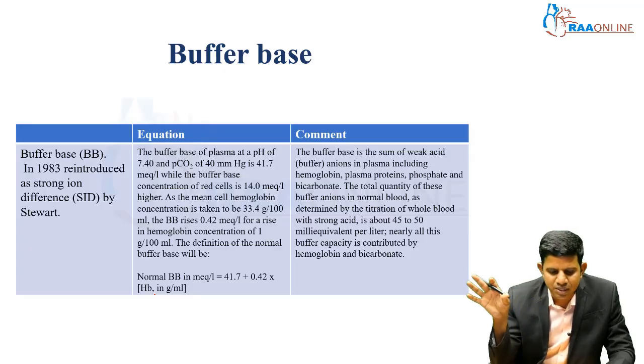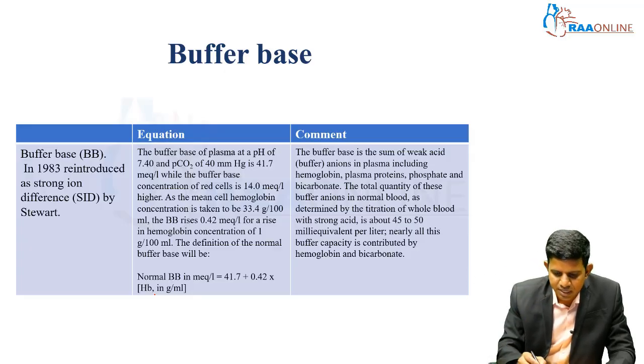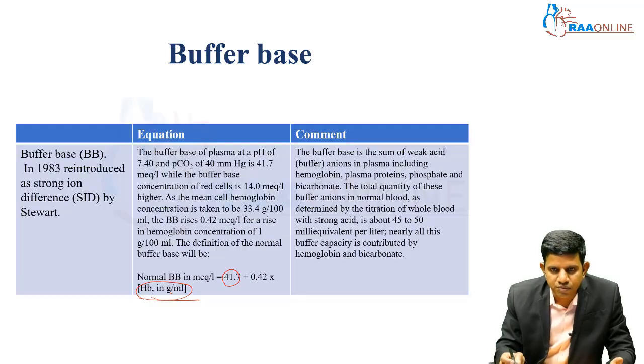So, there is a formula to calculate the buffer base, which we already discussed: the normal buffer base equals 41.7 plus 0.42 into our hemoglobin level. We can calculate the buffer base. We already discussed buffer base is the weak acids of anions, the buffer anions in the blood, including the hemoglobin, plasma proteins, phosphates and the bicarbonate.